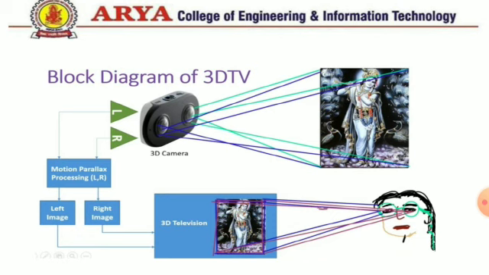So in a 3D image you will find there are two different images, one for the left eye and the second for the right eye. And to see this 3D object, it is compulsory to wear glasses. One needs to wear glasses, and only then can they observe this as a 3D image.